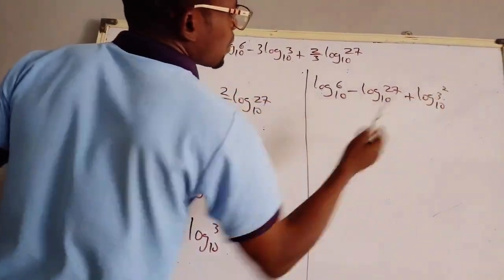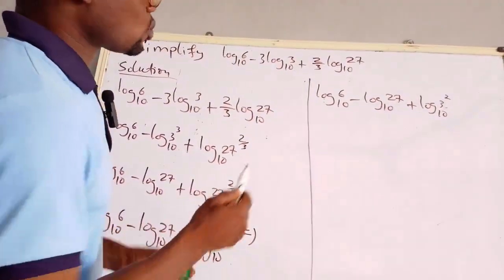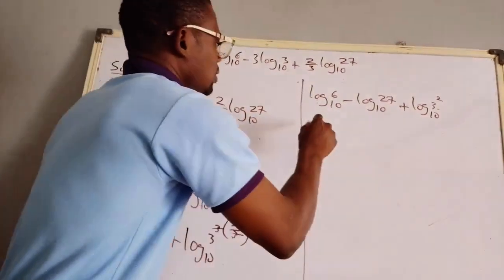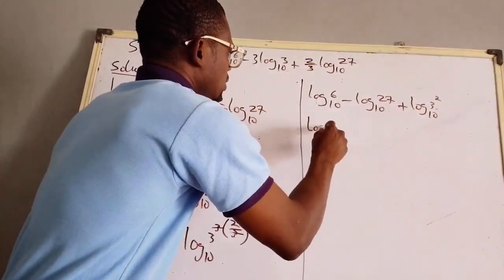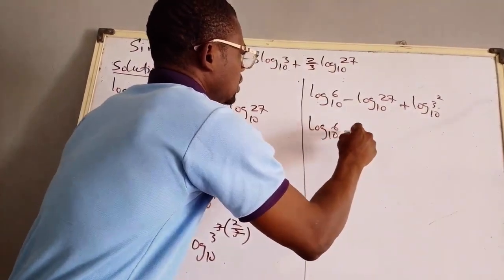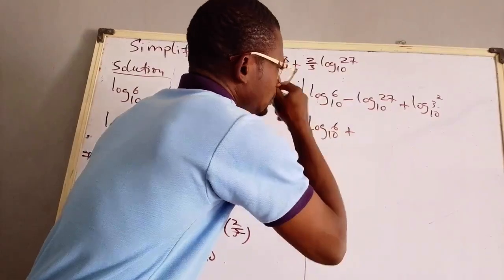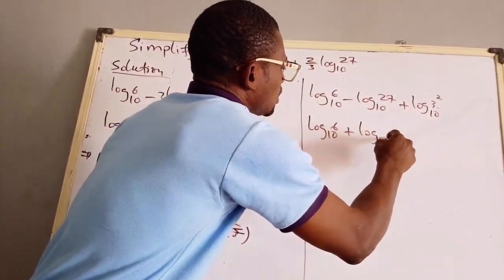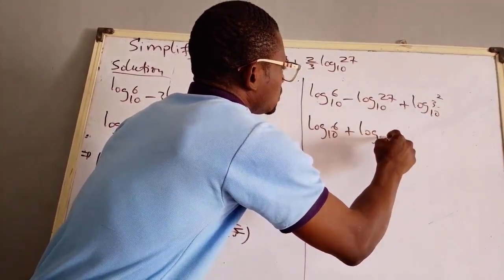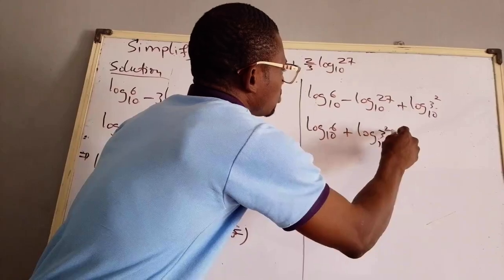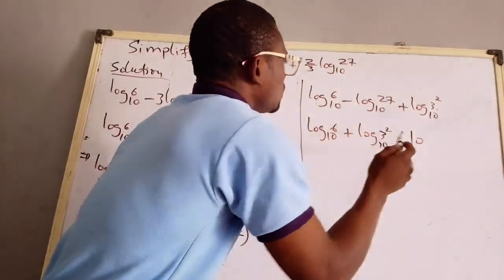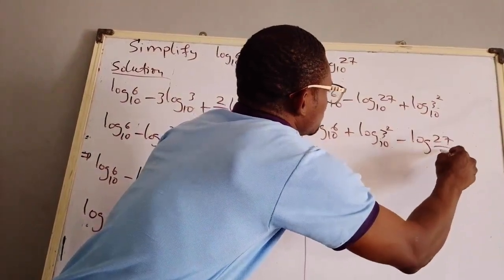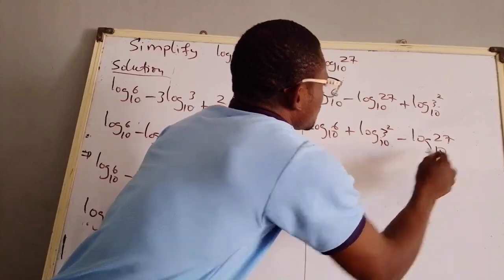Alright, let me bring this one here. You can write it like this: log 6 base 10 plus log 3 base 10 to the power 2 minus log 27 base 10.